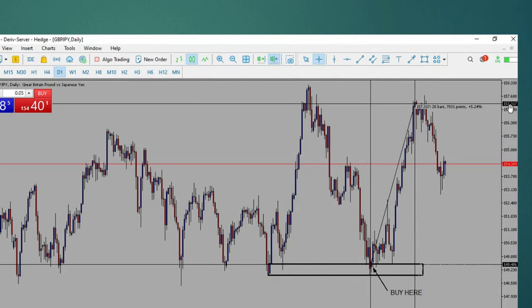If you use this tool right here, and we'll get to the platforms where I'll explain what it is and how to use it, if you click on this very point and drag it all the way to this side, it's going to give you these figures. So let's just ignore this price. This is the current price, the first figure that you're seeing there, just to your right. Then from there we have 28 bars.